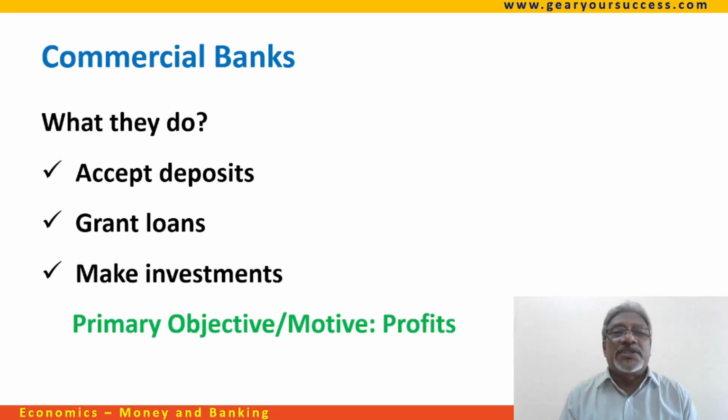As the name itself suggests, commercial means business, right? Why does somebody have to do business? To make money, more money and more money. So the primary objective or motive is to achieve profits. So what are commercial banks?